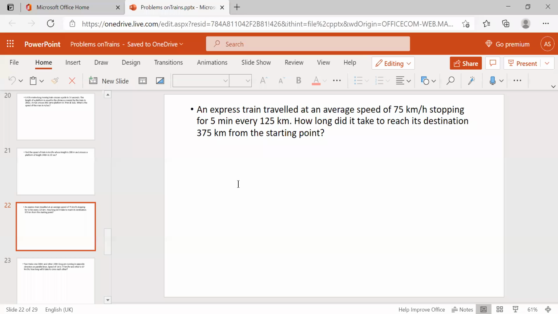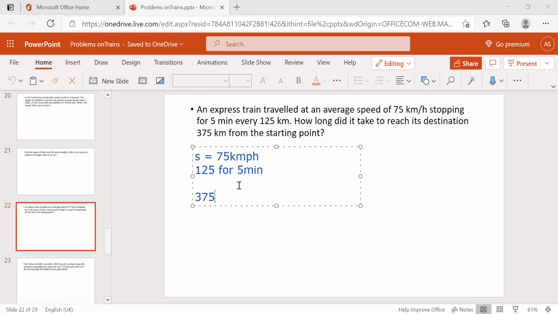See what they're saying: train speed equals 75 kilometers per hour. For every 125 kilometers, it will stop for 5 minutes. And the total distance is 375.